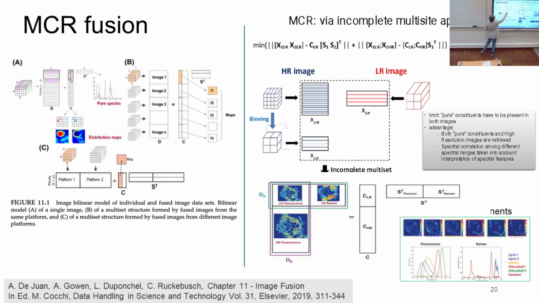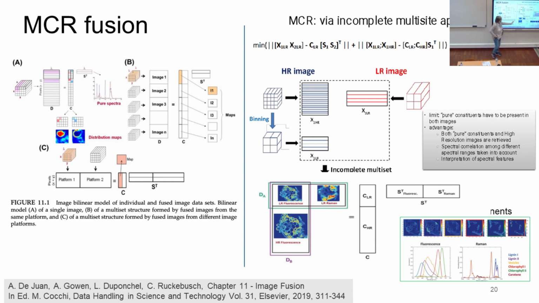You can have different images, which can be taken by different platforms. Of course, in this case, you have one problem because you have to make them of the same size with respect to the spectral dimension, not the pixel, but the spectral dimension. And then you can unmix and then you can recover the difference.